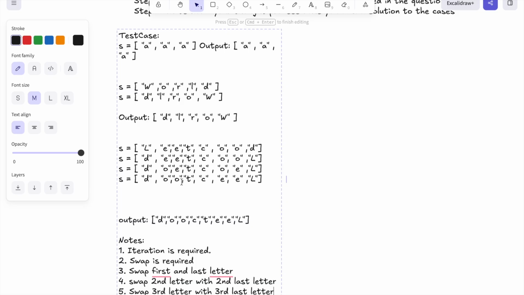Okay, now we have this thing sorted and we have this thing sorted. Only part that is left is T and C, so we need to do swap again, and only option that we'll have is T will be swapped with C, so these two need to be swapped. Okay, so let's do that.